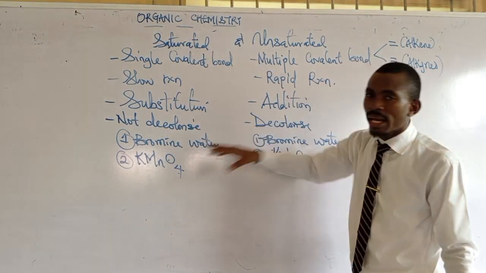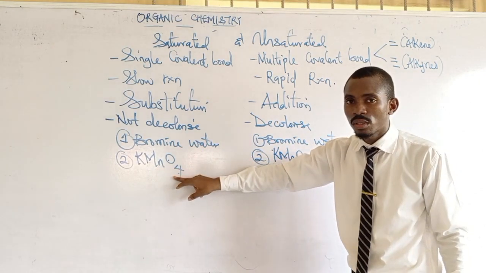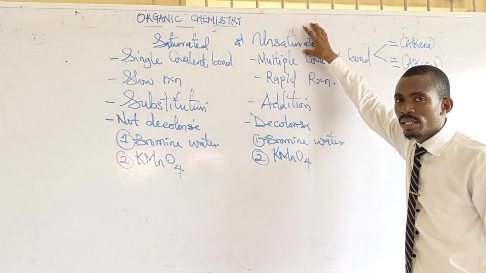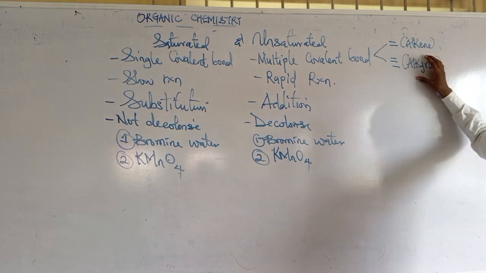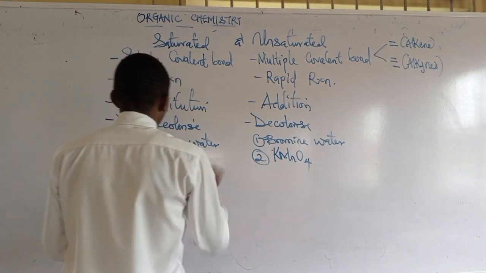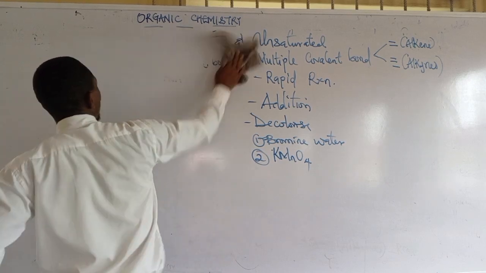But if it decolorizes either the bromine water or the acidified KMnO4, then it is an unsaturated compound, which could either be the alkenes or the alkynes. So this is the difference that exists between saturated and unsaturated organic compounds.